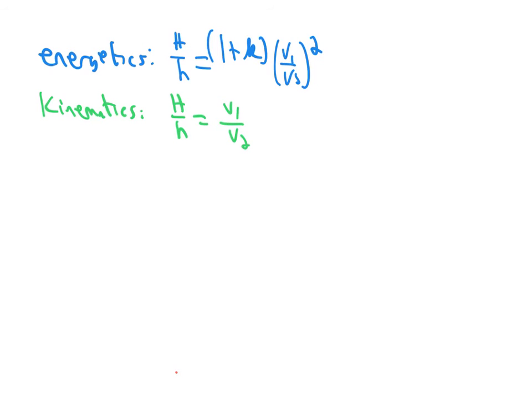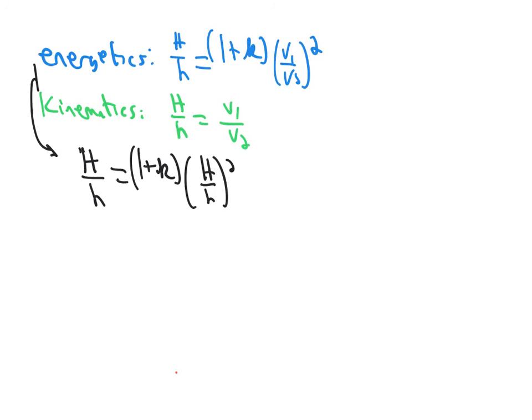So from energetics, we have that big H over little h is (1 plus k) times the square of v1 over v2. And from kinematics, we have that big H over little h is just v1 over v2. So what we're going to do now is put these two things together to yield the equation that big H over little h is (1 plus k) times (big H over little h) squared.